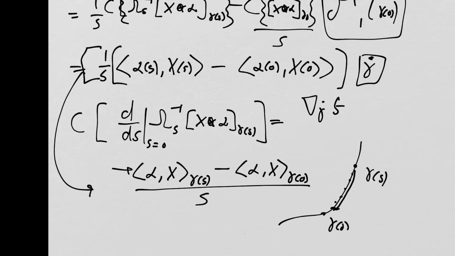And this guy here is just evaluated at this spot here, and s is essentially going from some number to 0, and that makes it easy to see that this is the covariant derivative in the direction of the tangent vector of this function.